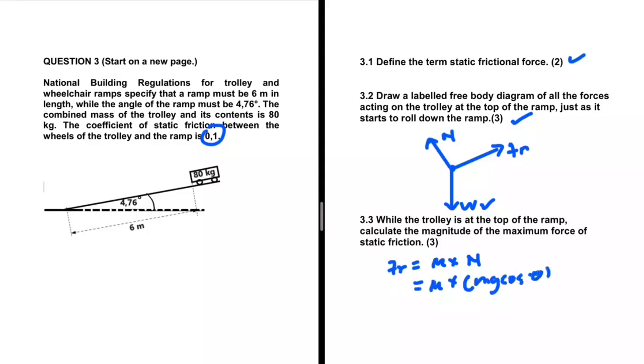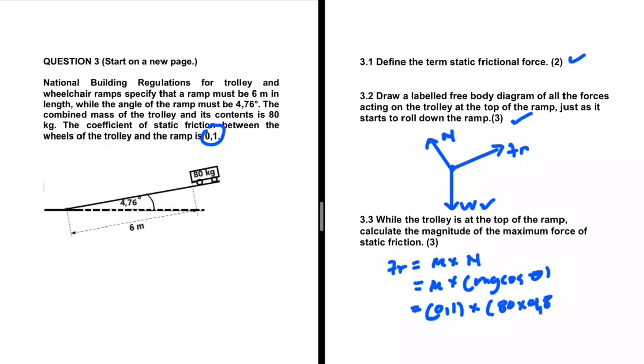Right. If you don't understand where this is coming from, go ahead and watch my video on how to calculate normal force in different cases. That's probably one of the most important videos I've ever made. But anyway, let's go ahead and substitute. The coefficient is 0.1 multiplied by the normal force. The mass is 80 kg.